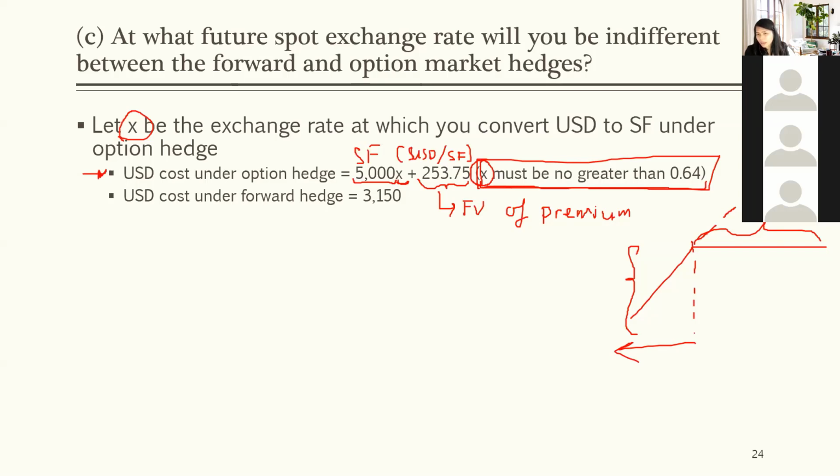So this condition is to make sure that our payoff function is capped at this level. In problem 6, I'm going to provide some more explanation with a proper payoff function. But this is why X should not be greater than 0.64. Otherwise, you're looking at this straight line over here.